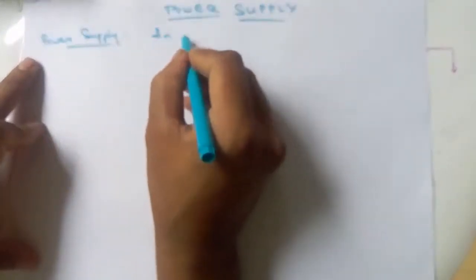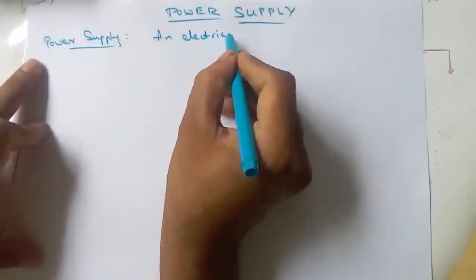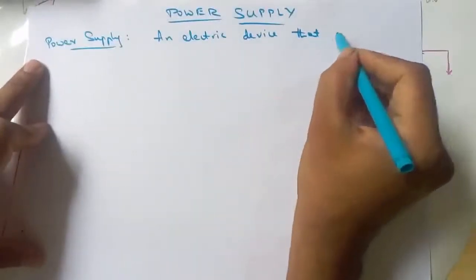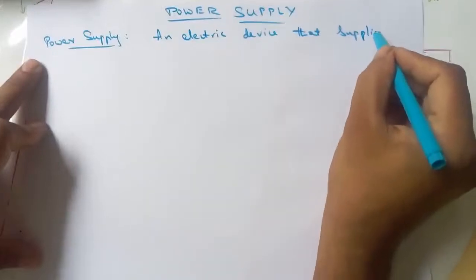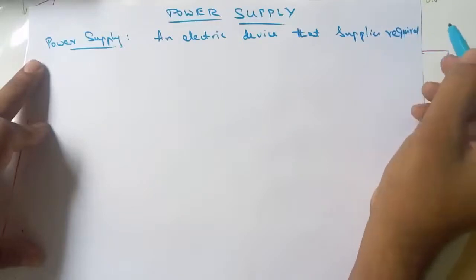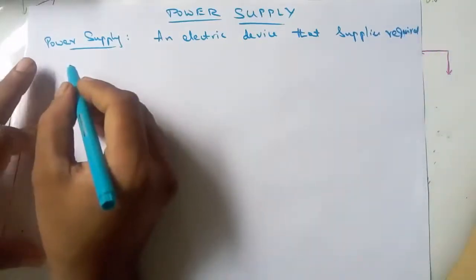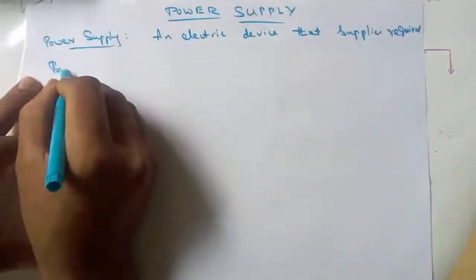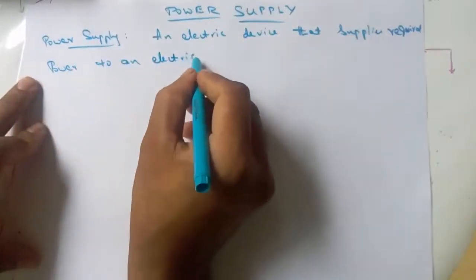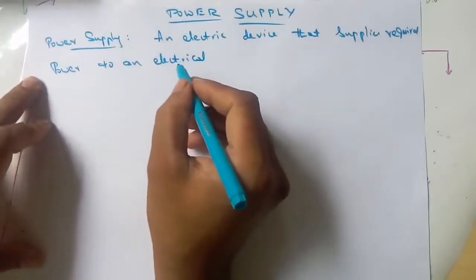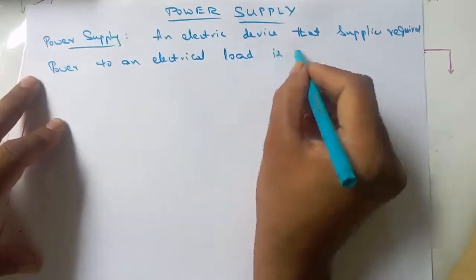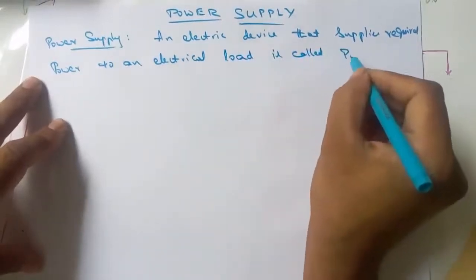An electronic device, an electric device that supplies required power to an electrical circuit, otherwise the electrical load. That is called a power supply.